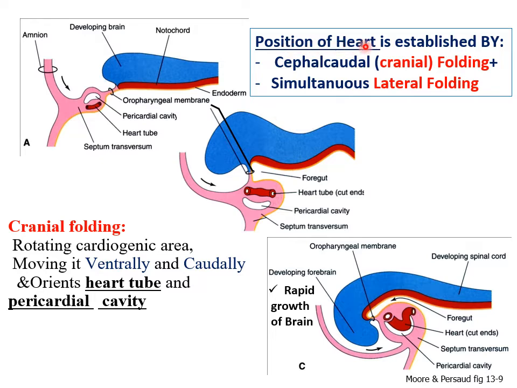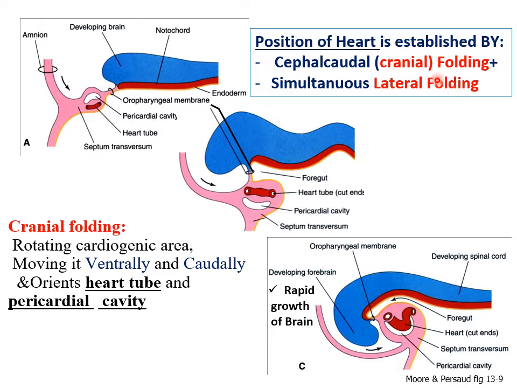Its position is being remodeled or positioned by two mechanisms. One of them is the craniocaudal or cephalocaudal folding, and at the same time, there is simultaneous lateral folding. So there are two foldings of our body, and those are simultaneously happening together.